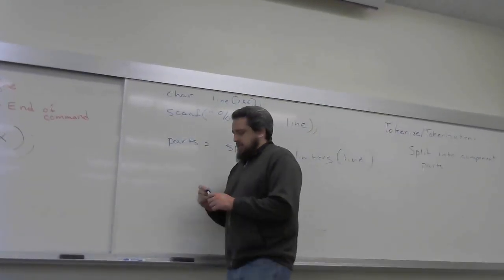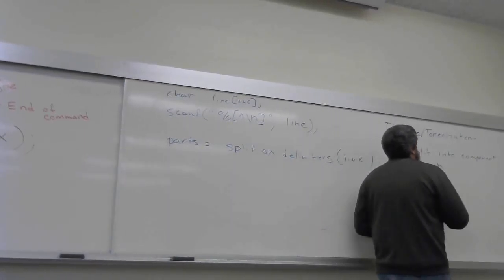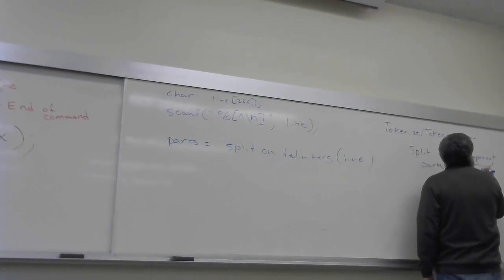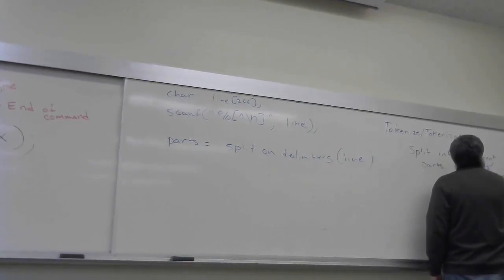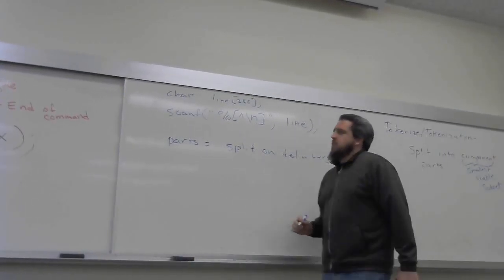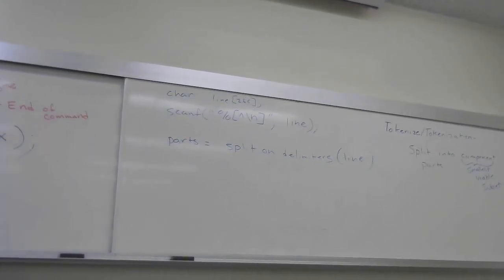Component in this case refers to the smallest viable subset. So if I was going to tokenize this int line up here, what would the tokenization look like? What are the smallest viable parts?